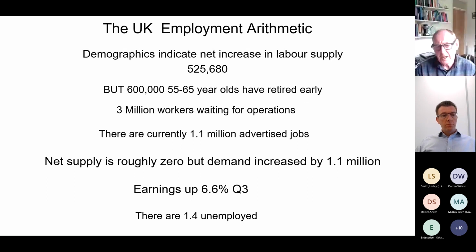So net supply is roughly zero, but demand has increased by 1.1 million, which is why in Q3 earnings were up 6.6%. And the most recent data, it came out yesterday, 6.7%. And this wage inflation is because there just aren't enough people around.